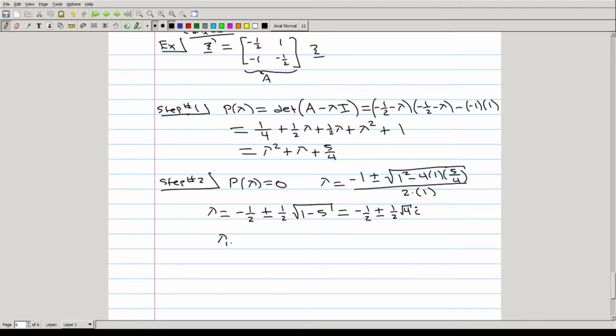And so the eigenvalues are lambda 1, which is -1/2 minus the square root of 4 over 2 times I, or just 2 over 2 times I, which is just I. And lambda 2, which is -1/2 plus I.